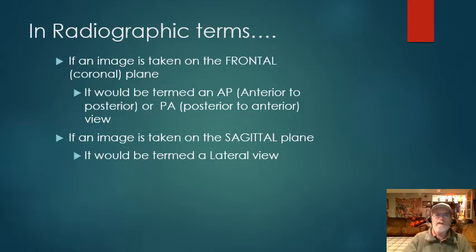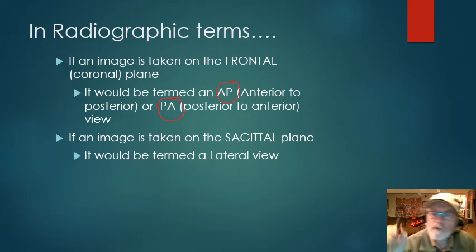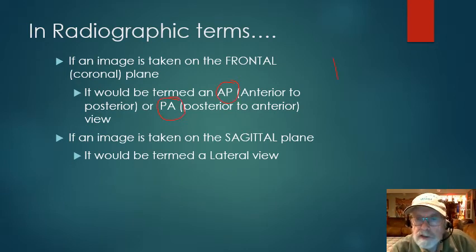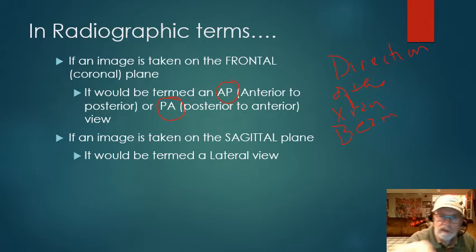So if an image is taken on the frontal or coronal plane, it's called an AP or a PA. Now, what do I mean by AP or PA? What that means radiographically is the direction of the X-ray beam, how that X-ray is coming and hitting, which is basically the way you're seeing it as well.